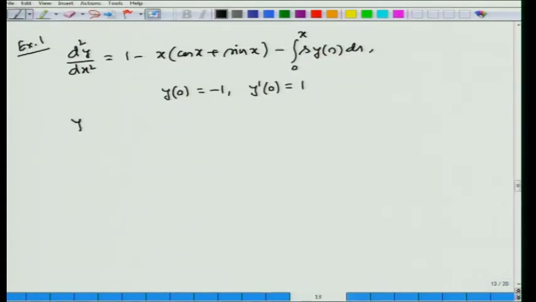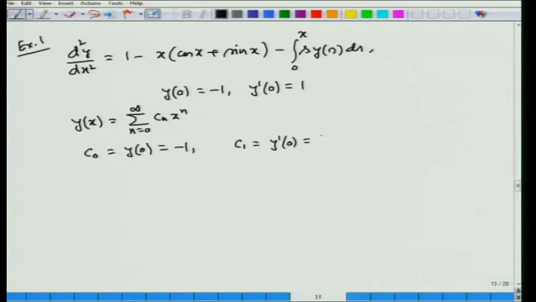So, we assume y(x) = Σ from n = 0 to infinity of C_n x^n. Using the last two formulas we can easily find that C_0 = y(0) = −1, and C_1 = y'(0) = 1.